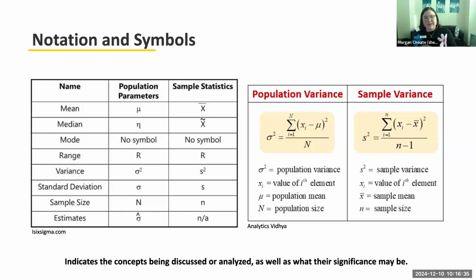But with samples, you're typically going to see lowercase, you're going to see smaller letters, you're going to see a lot of superscript referring to things. So X bar is your sample mean. And these smaller letters, most of the time, not all the time, these smaller letters will refer to the sample. Now, when you get to more complicated concepts, that's going to change.